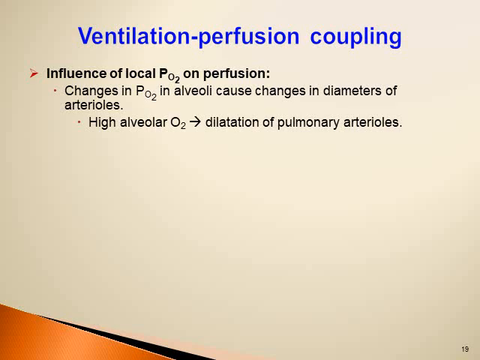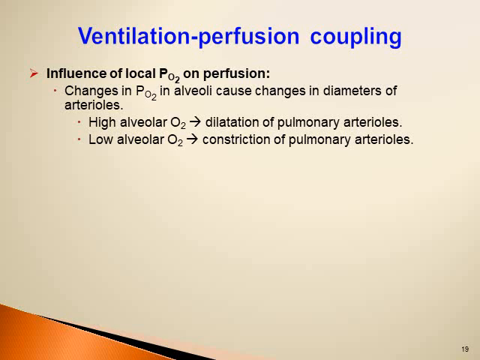So alveoli that contain high oxygen will get more blood flow. Here we have better oxygenation of that blood because it supplies well ventilated alveoli that contain high alveolar oxygen. Low alveolar oxygen will cause constriction of pulmonary arterioles.